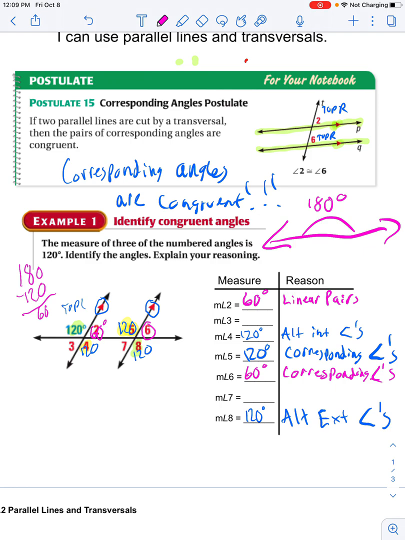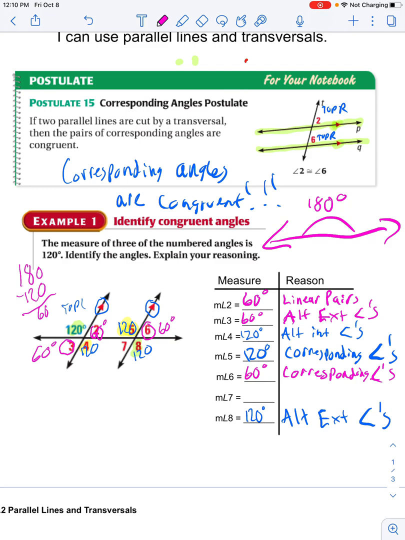And then angle 6 and angle 3 are alternate exterior angles. They're on the opposite sides of my transversal. So I could say that angle 6 and 3 are congruent.